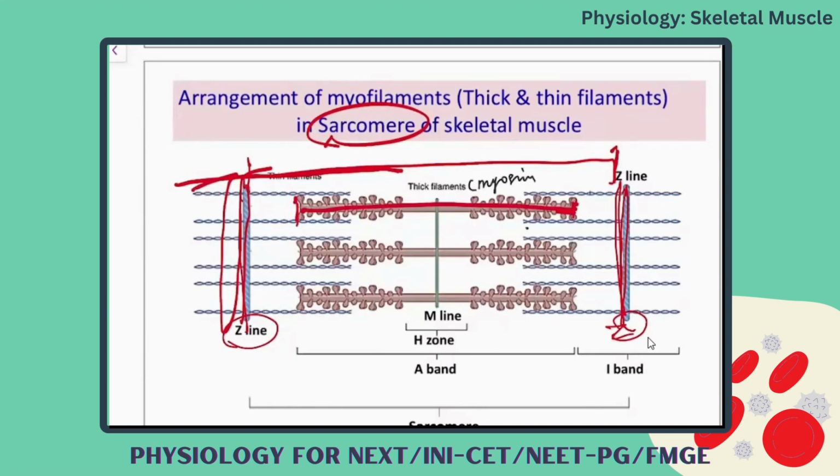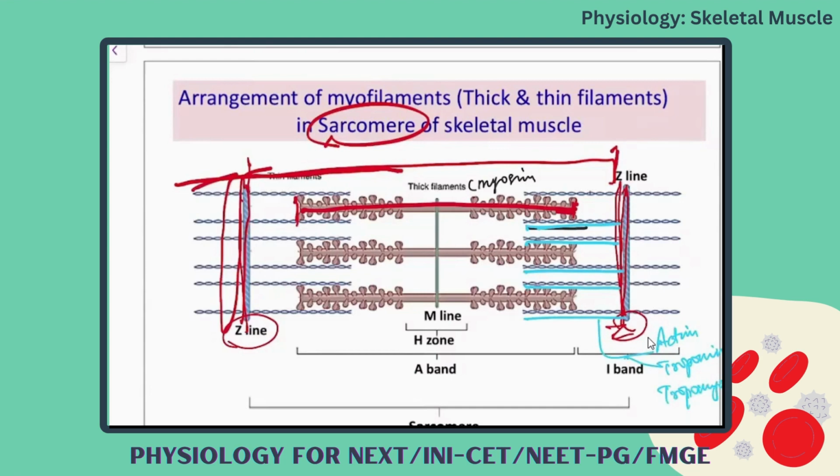And these structures which remain attached to the Z line are called thin filaments. Thin filaments are made up of actin, troponin and tropomyosin.